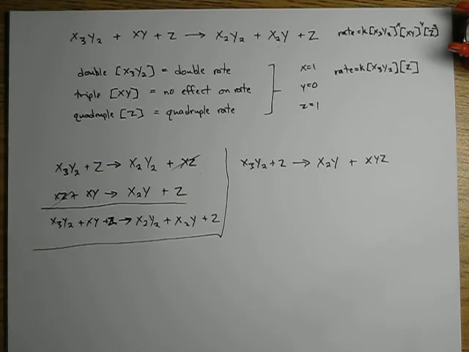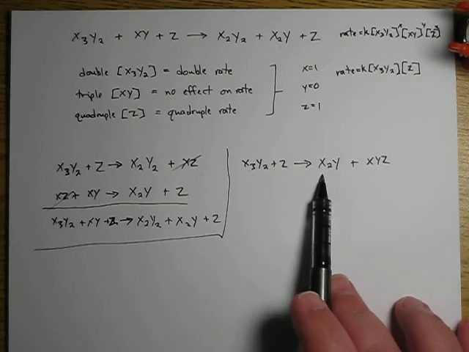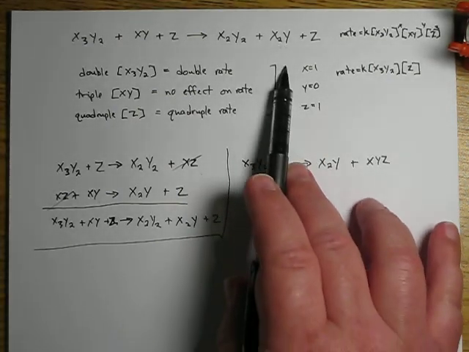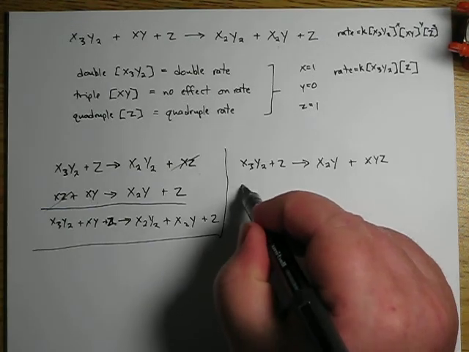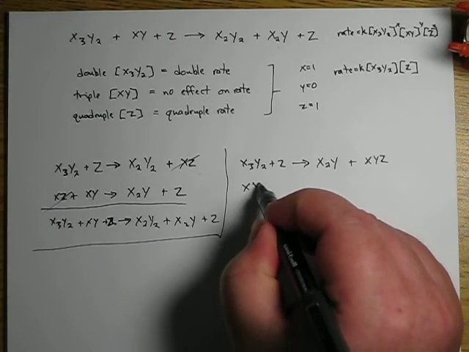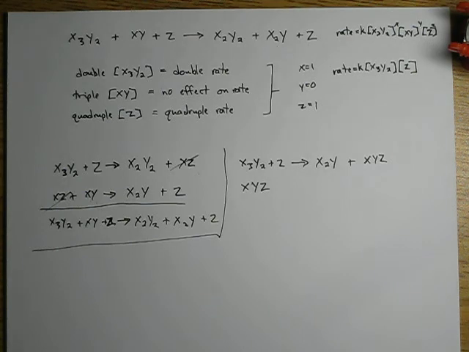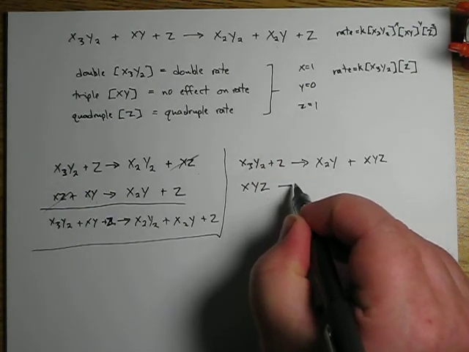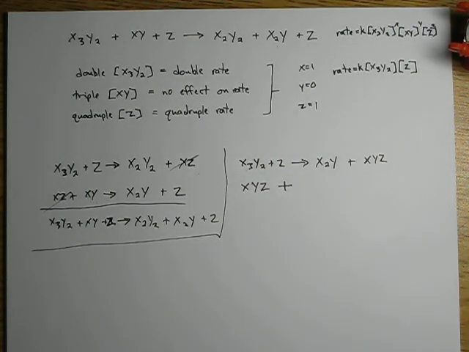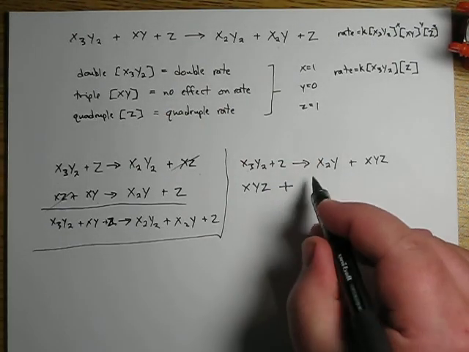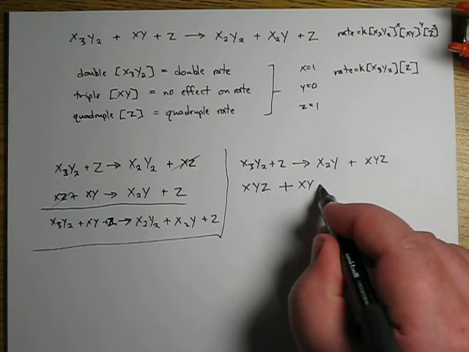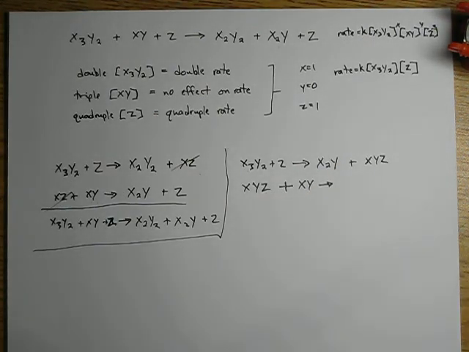But if you did that, what would you next do? Well, I know x2y is one of my products here. xyz has got to be an intermediate, so I'm going to try to get rid of it next. xyz plus, well, what are we going to react that with? Well, we haven't used our xy yet, so let's put in xy here. And what would that go to?